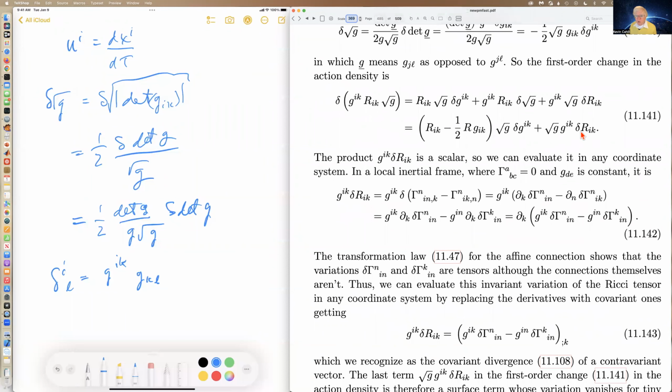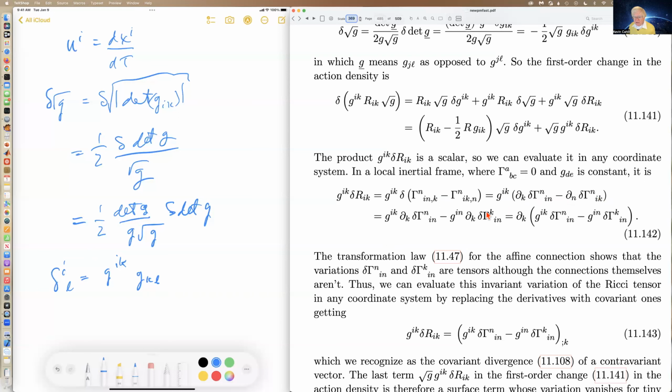What one does is one says, well, this change here is a difference of two Christoffel symbols, and one can rewrite that, the variation, in the standard way.